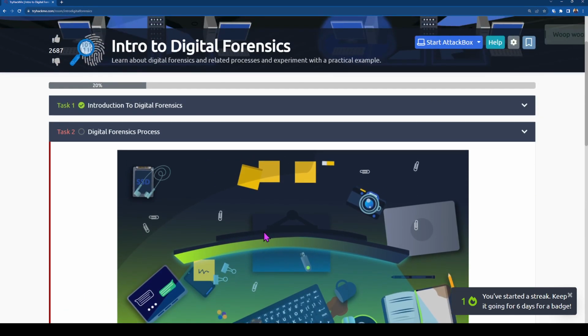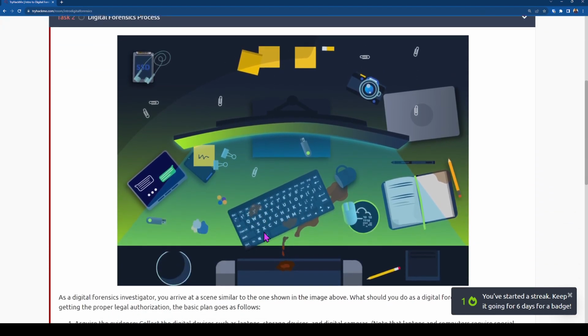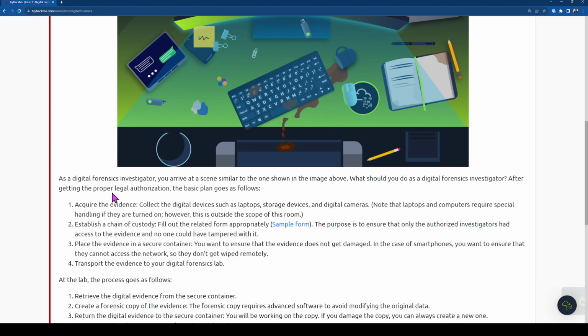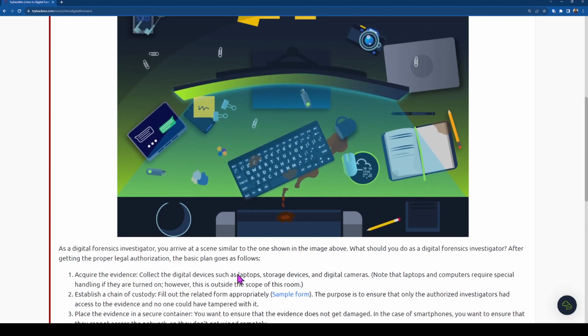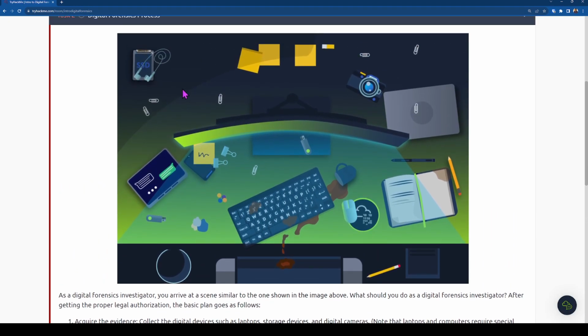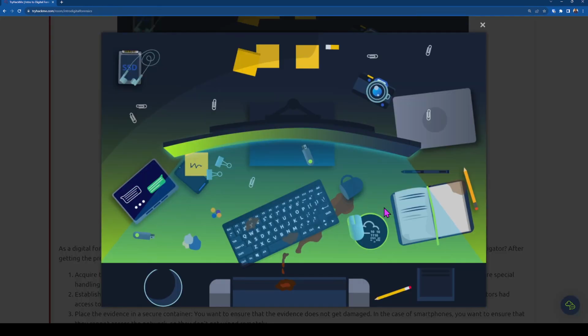So, digital forensics process. Let's see. We still have our same desk, but it looks a little unhinged. Looks like maybe someone was spooked. We've got spilled coffee on the desk, on the keyboard. We've got things all out of place.